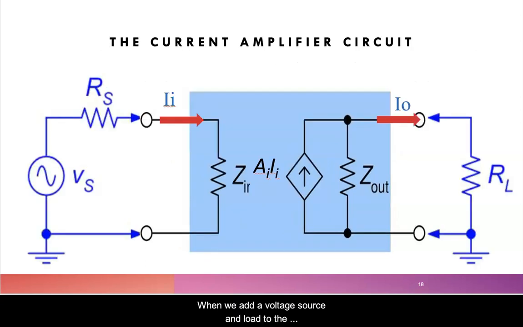When we add the current source and the load to the current amplifier model, we get the circuit shown. The input side consists of IS, Rs, and Zin, while the output side consists of AI In, Zout, and RL.